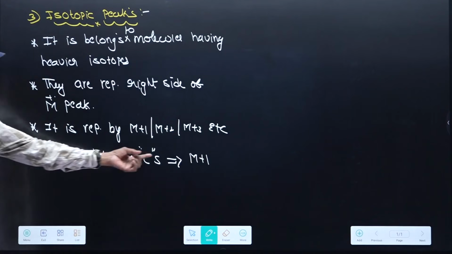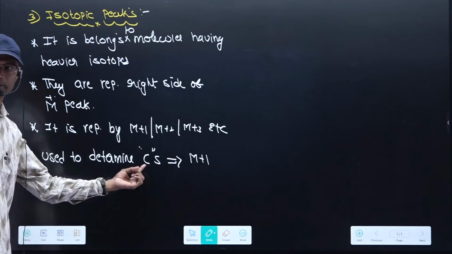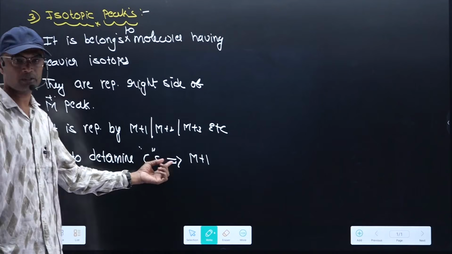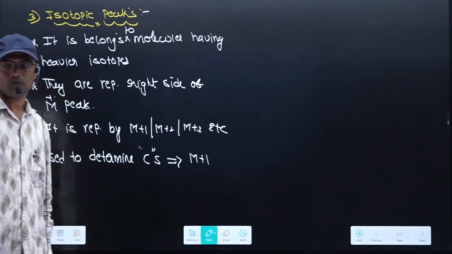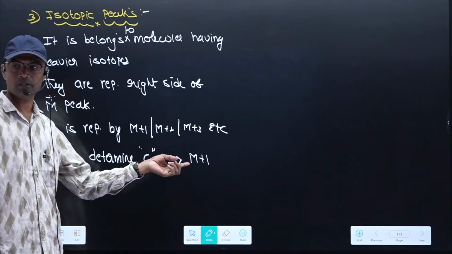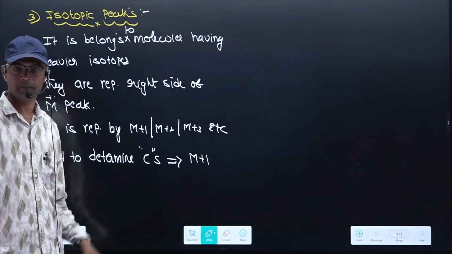The M+1 isotopic peak gives information about carbon. What is the formula to calculate the number of carbons? The percentage of intensity of M+1 is equal to the number of carbons multiplied by 1.11. So the number of carbons is equal to the percentage of M+1 divided by 1.11.